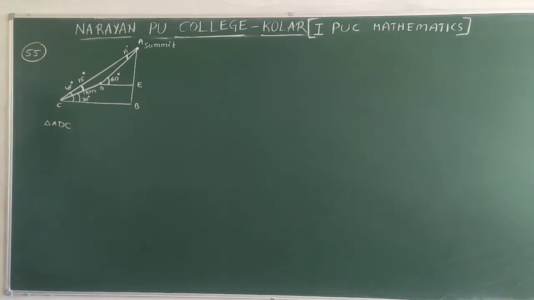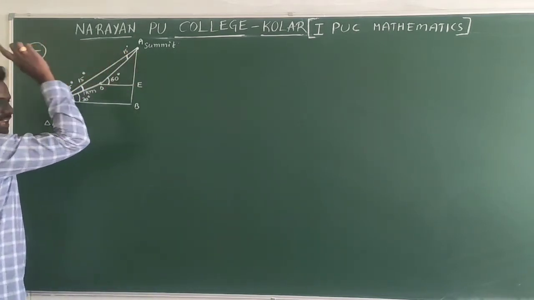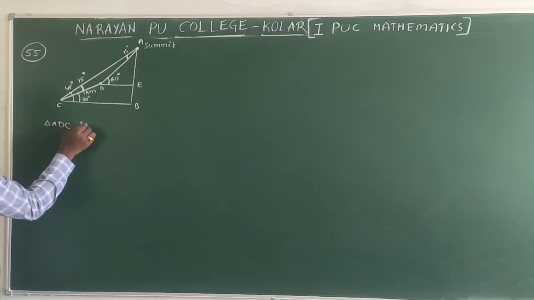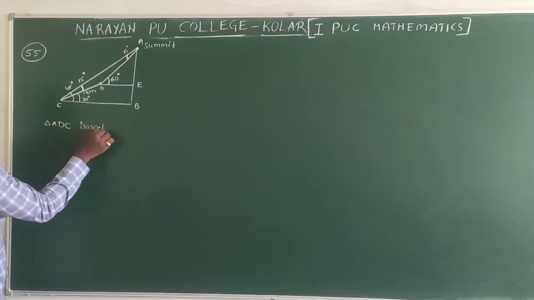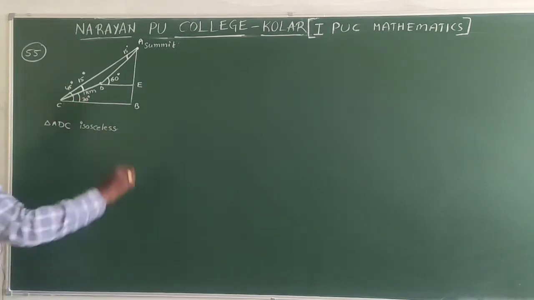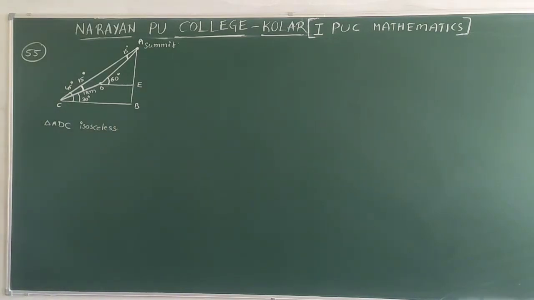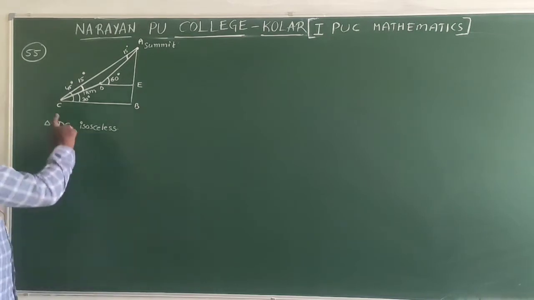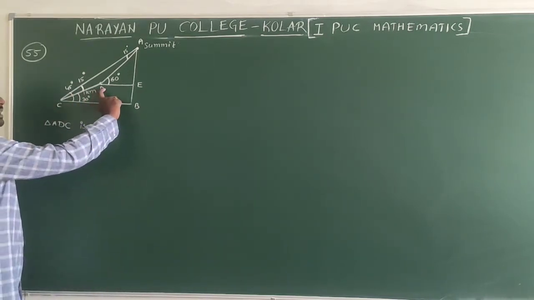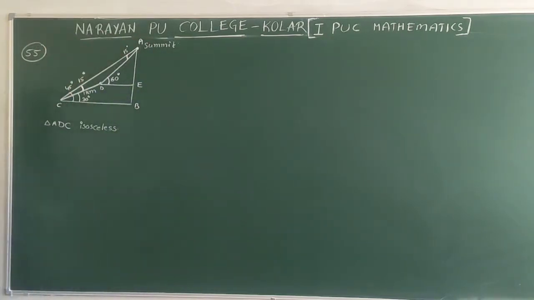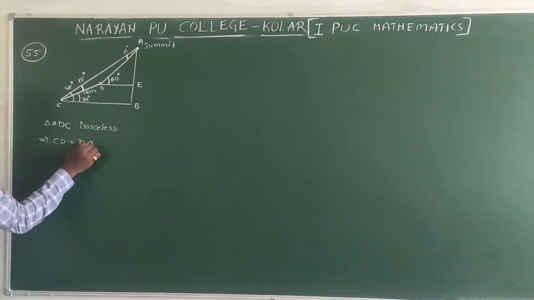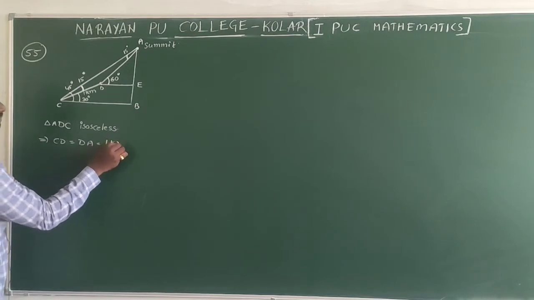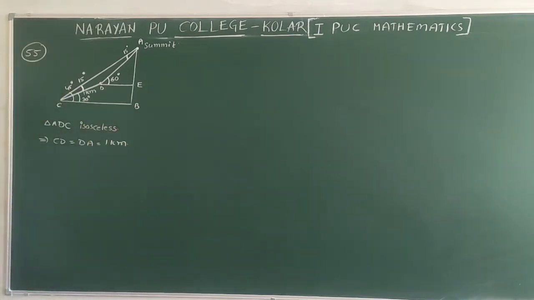In this ADC, these two angles are equal. So that's why you can say it is an isosceles triangle. If it is an isosceles triangle, in the sense two sides are also equal. Already we know CD is 1 kilometer, then DA is also 1 kilometer. That implies CD equals DA equals 1 kilometer. Okay?